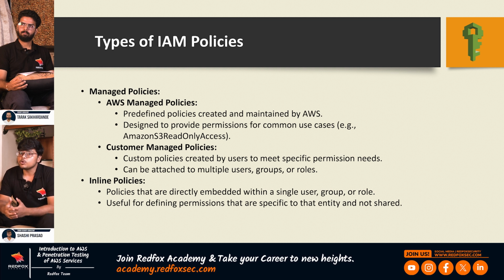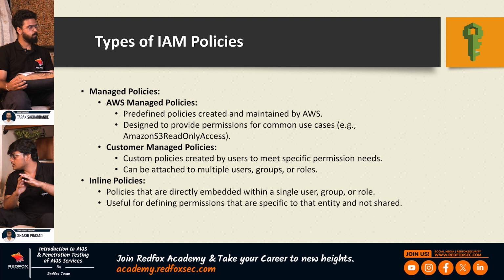AWS managed policies are predefined policies that are created and maintained by AWS, and they are generally used for general purposes. Let's suppose, with the same example, you want to give full access to an S3 bucket. AWS already has a predefined policy for that, so you don't have to create one. You can directly take that policy and attach it to the identity.